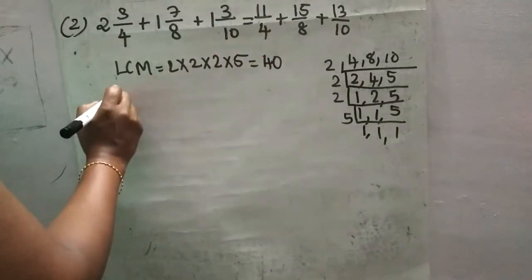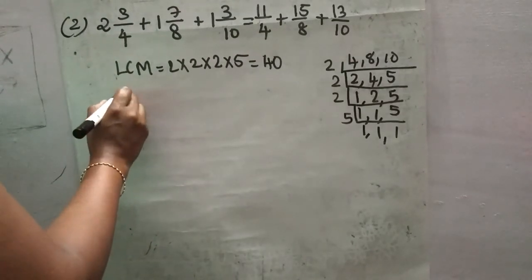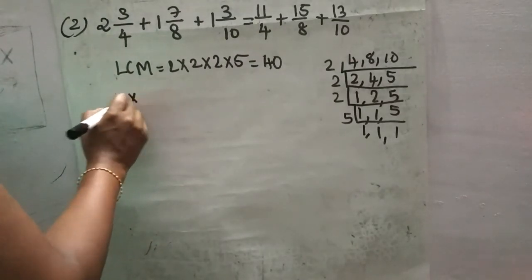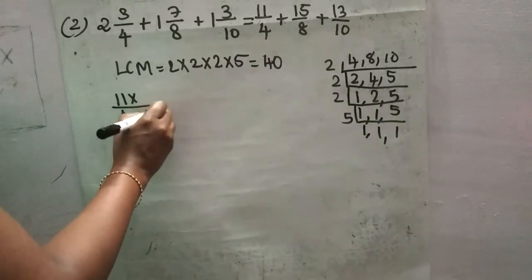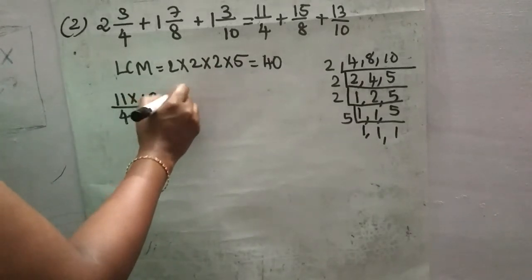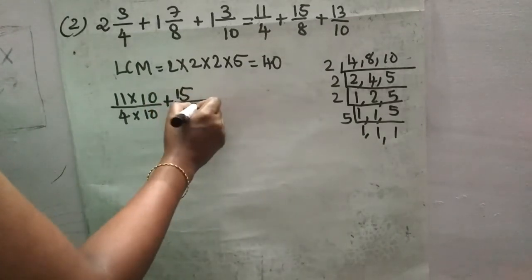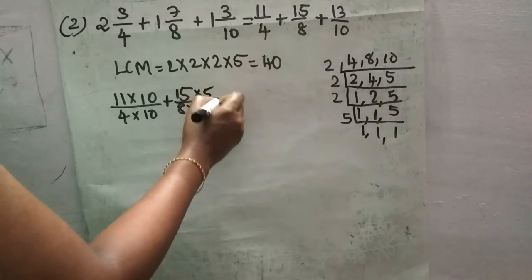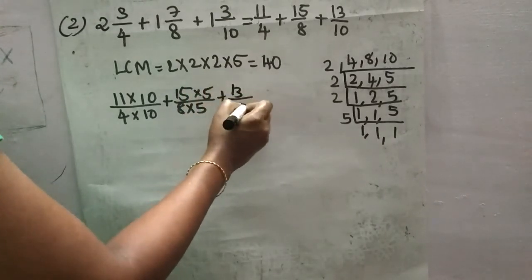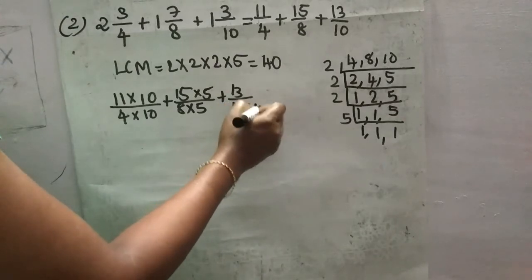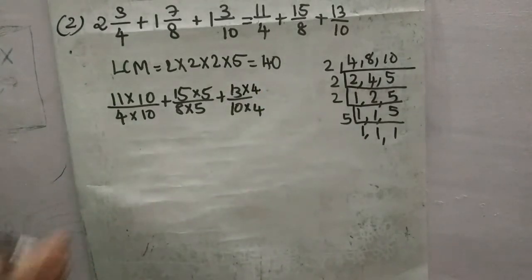Now change these fractions into like fractions. How will you change? 11 by 4, 4 into which number will get 40? 4 into 10. So 11 into 10. 15 by 8. 8 into which number? 5. So multiply the numerator with 5. And 13 by 10, 10 into 4 you get 40. So multiply the numerator by 4.